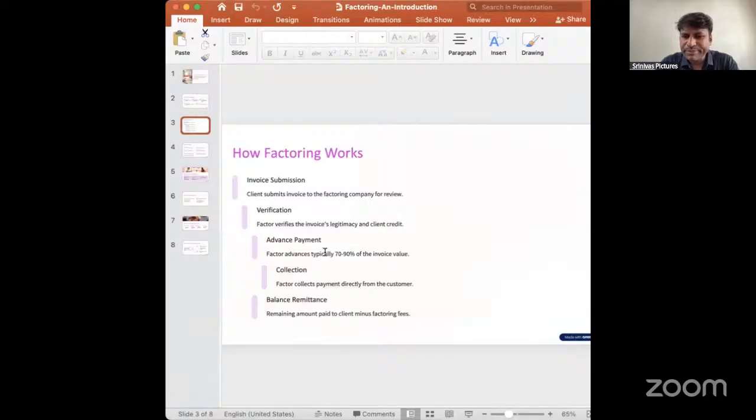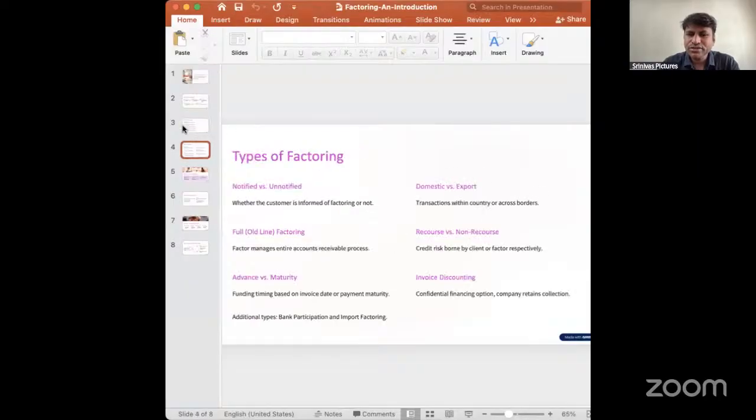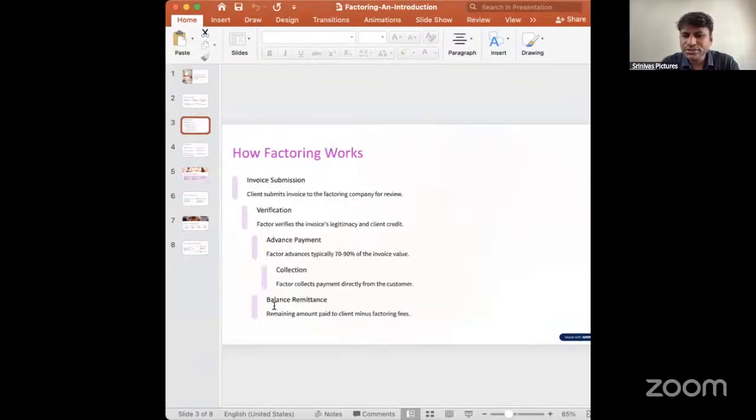Next, advance payment: the factor typically advances 70 to 90% of the invoice value. Then the factor collects the payments directly from the customers. Balance remittance: the remaining amount is paid to the client minus factoring charges.